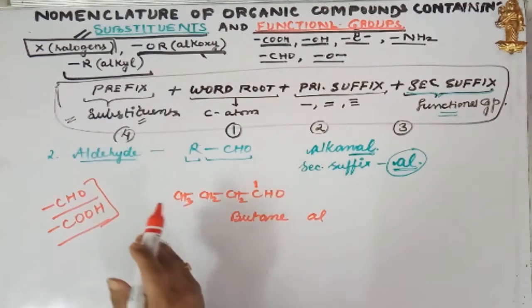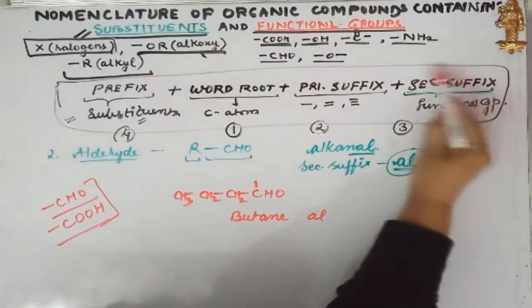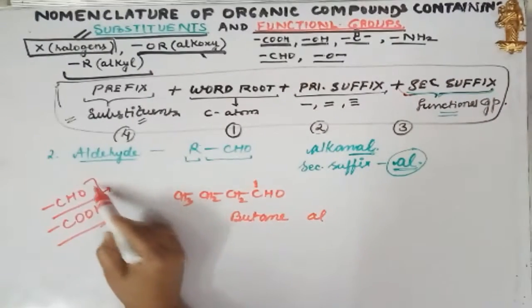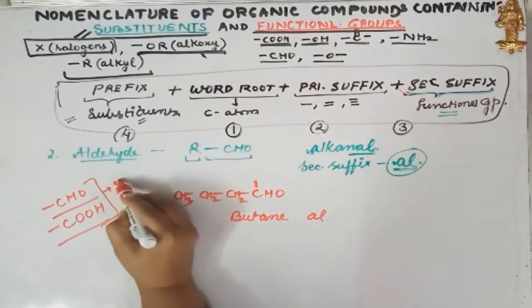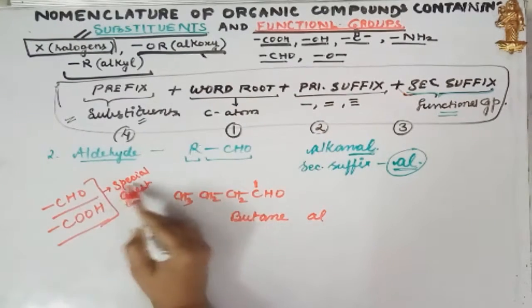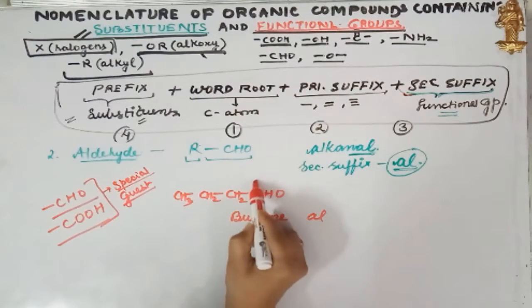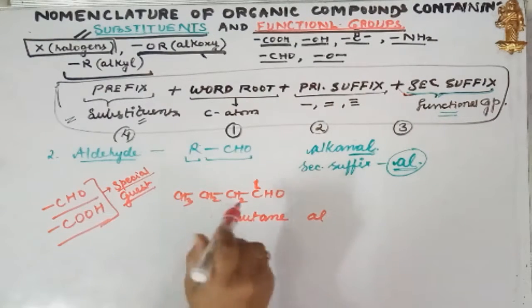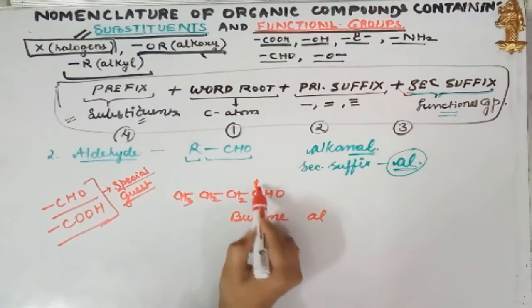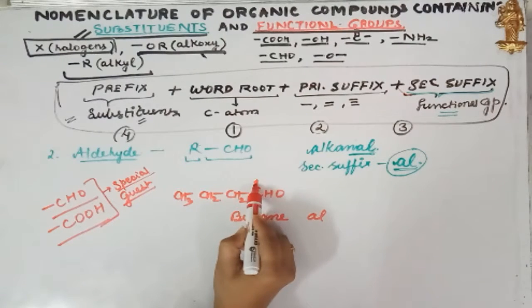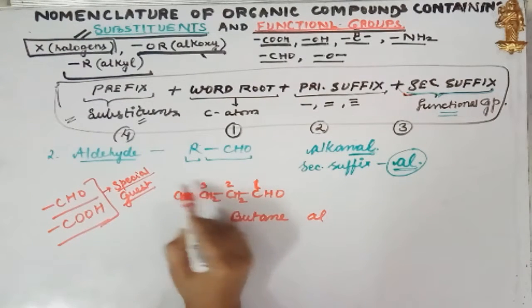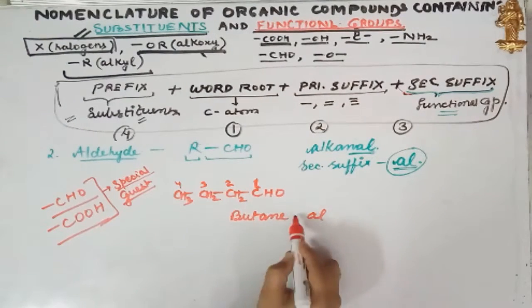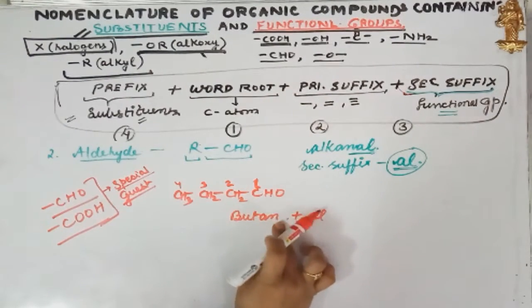If I consider the functional group as the guest of the complete compound, we consider these two groups as special guests. So they will always be given the first position and the chain will always start from these groups. The aldehyde is present at position 1, this is 2, and this is 3 and 4.